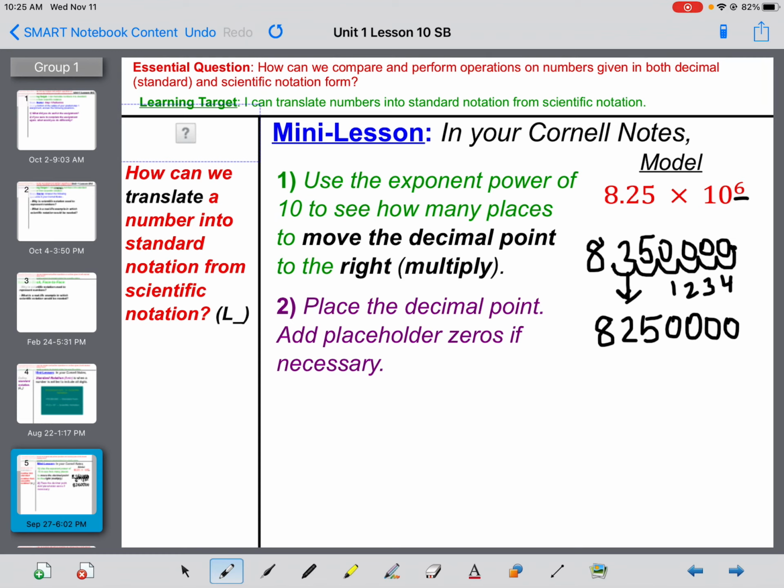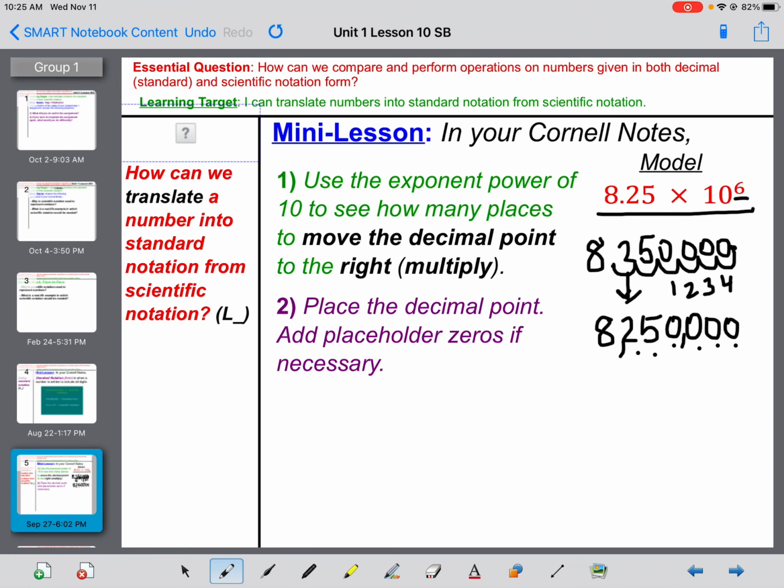What we do when we are placing our commas is we count from right to left 3 numbers. So we count 1, 2, 3, put a comma. 1, 2, 3, put a comma. So our number is 8,250,000. And we converted it from scientific notation form.